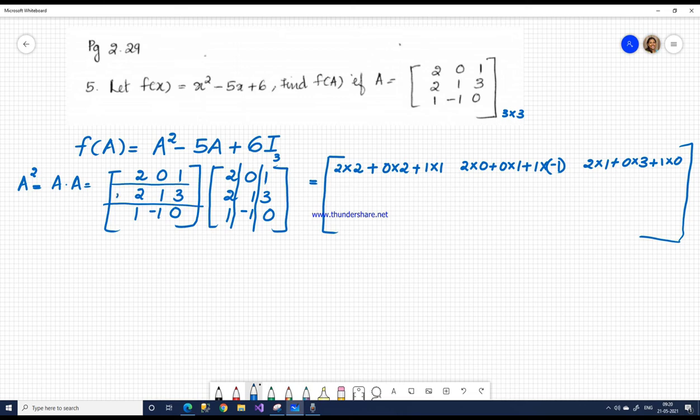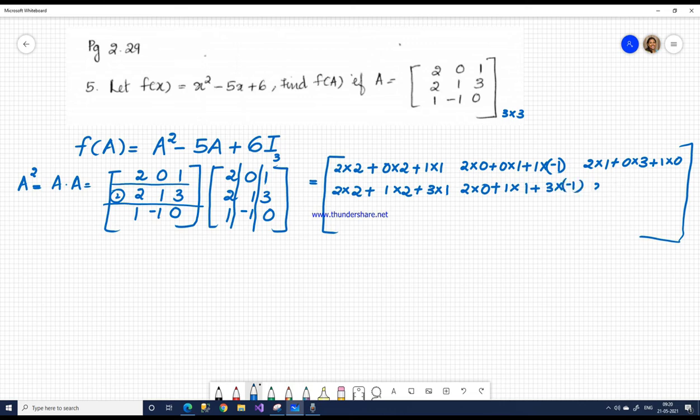Then, considering the second row, that is 2 into 2 plus 1 into 2 plus 3 into 1. Then 2 into 0 plus 1 into 1 plus 3 into minus 1.